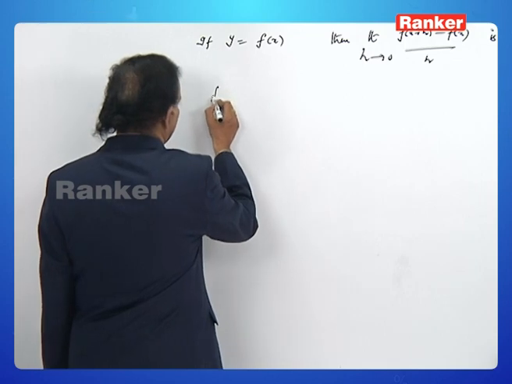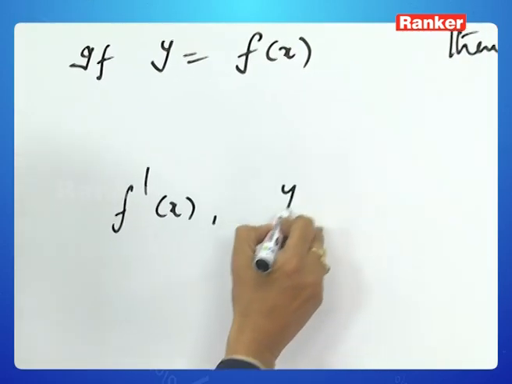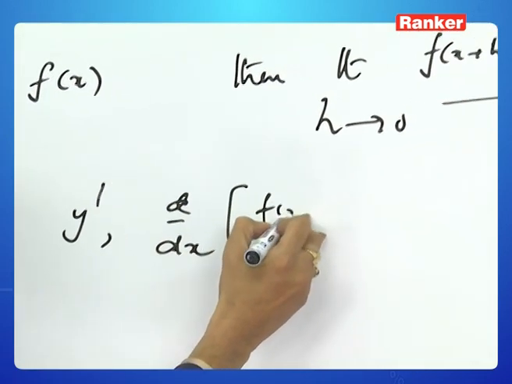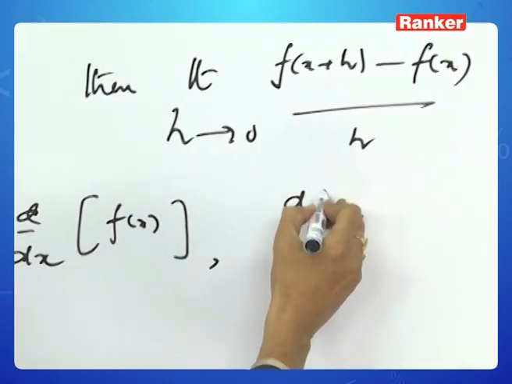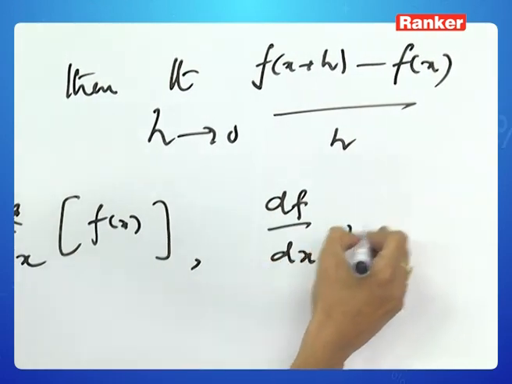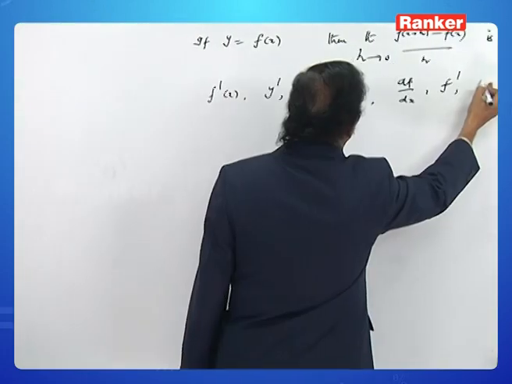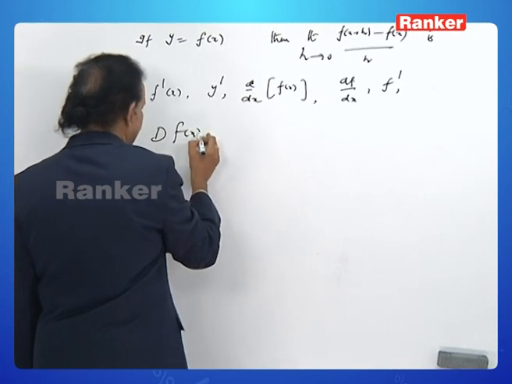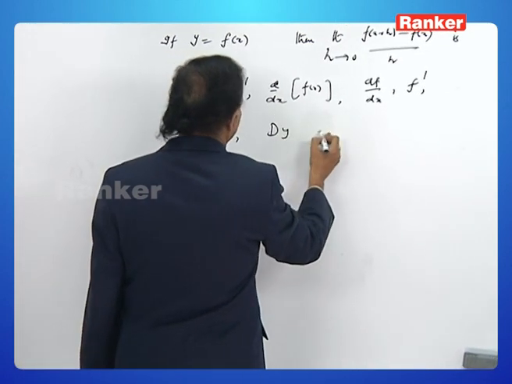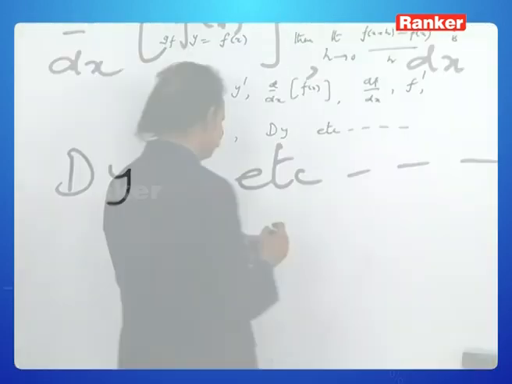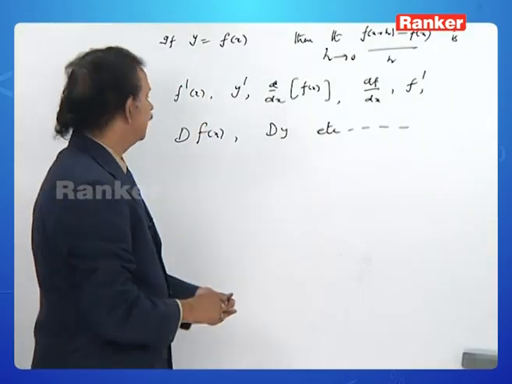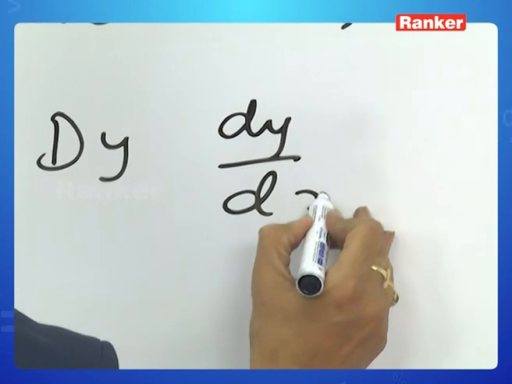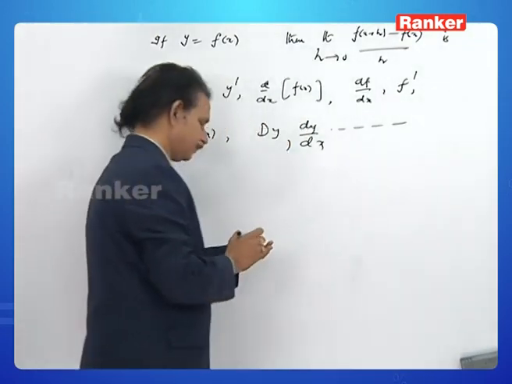One is f dash x, y dash, d by dx of f of x, df by dx, f dash, d of f of x, d of y, etc. And the most familiar, dy by dx, etc., etc.